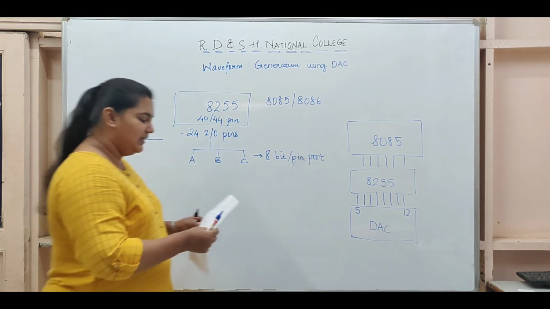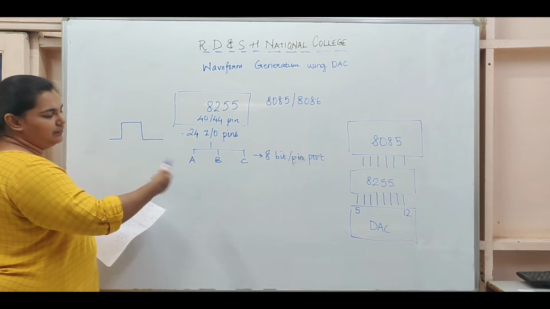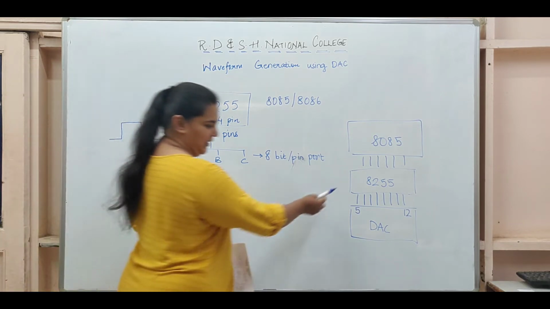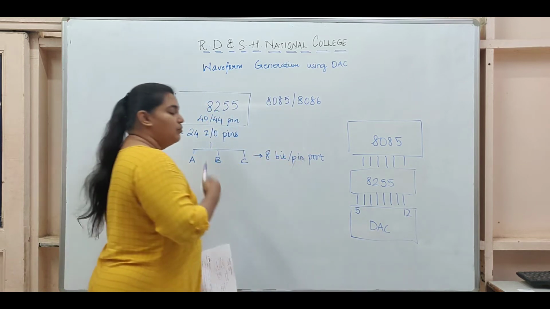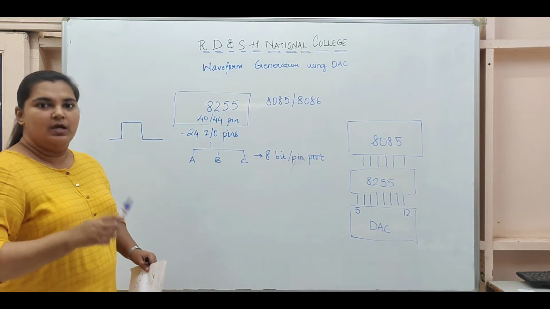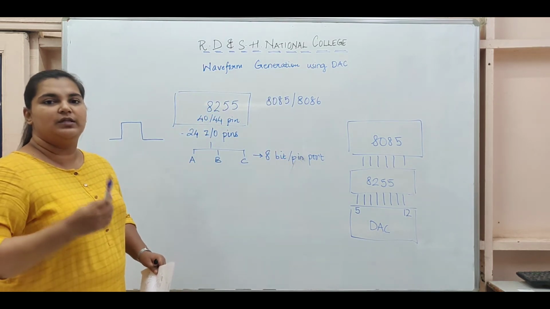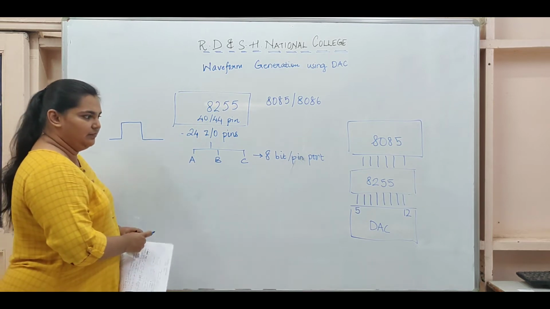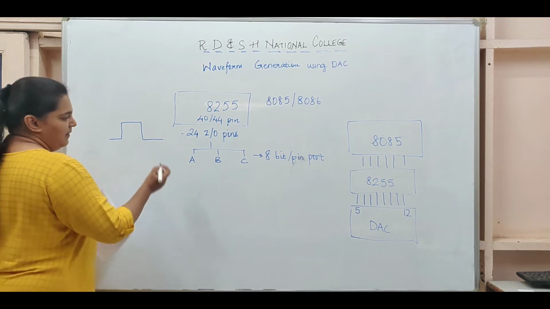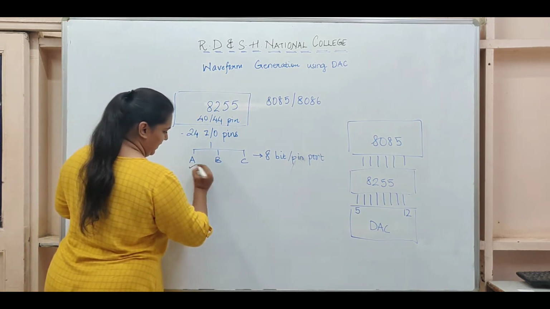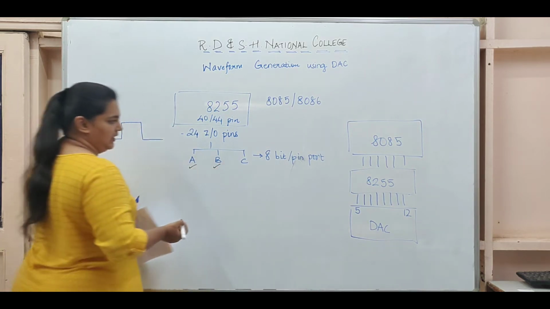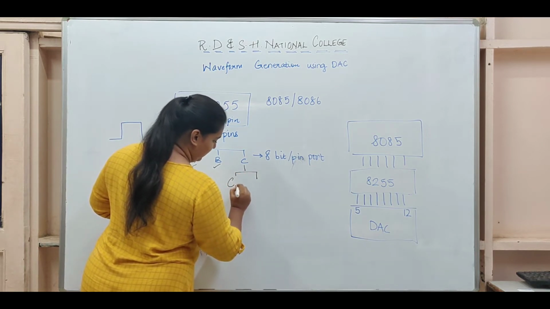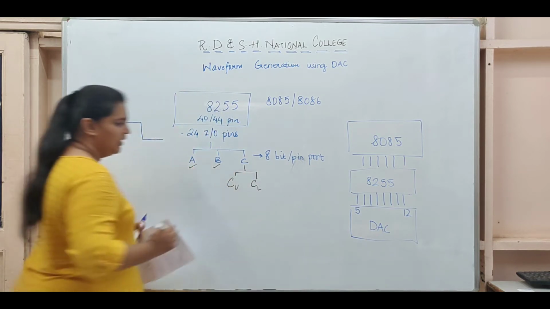Now these ports have different modes to work in. Which port I want to connect and which mode that port will work in is defined using the control word or control register. Some ports work as 8-bit, and port C can work as 4-bit, C upper and C lower.